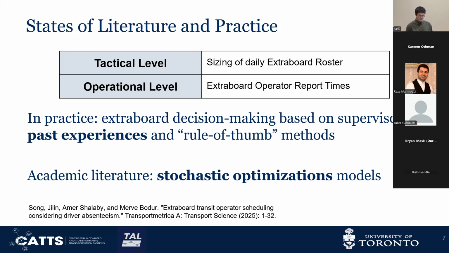In practice, a lot of the time, supervisors just use rule-of-thumb methods to make these decisions regarding sizing and report time determination. In the literature, these may be formulated as stochastic optimization models. I have actually done a paper that specifically looks at the operational level decisions, and I formulated the problem as a two-stage stochastic program.